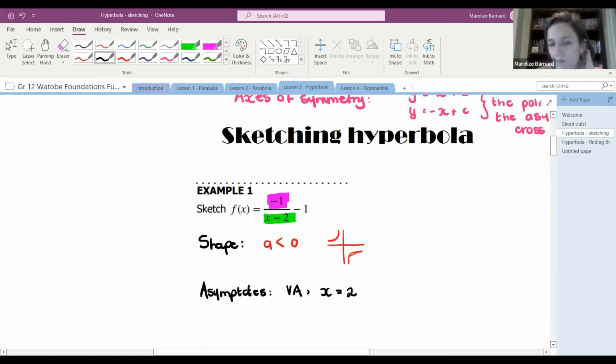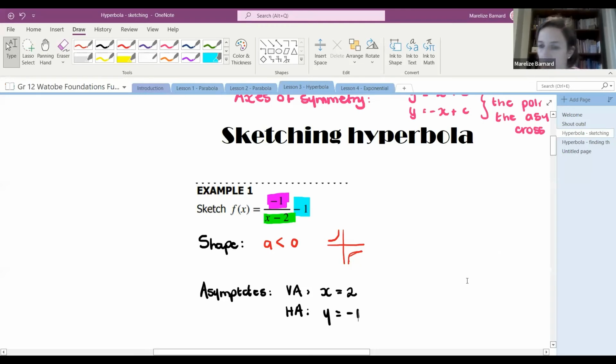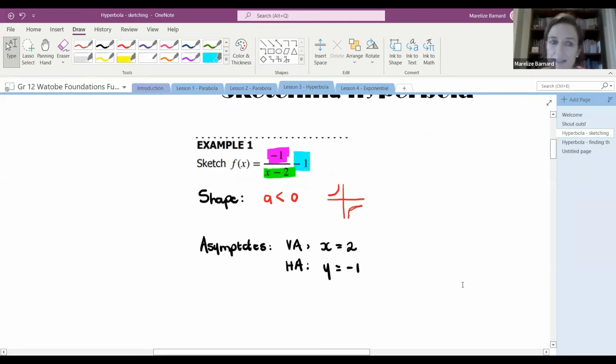If you just put down 2, that doesn't really mean much. It has to be x equal to 2. Then the horizontal asymptote you read off the equation as well, which is this value here, y equal to -1. Guys, if you haven't understood asymptotes up to this point, please don't leave here today without understanding that. So that's our asymptotes.